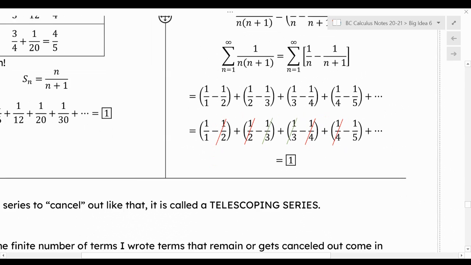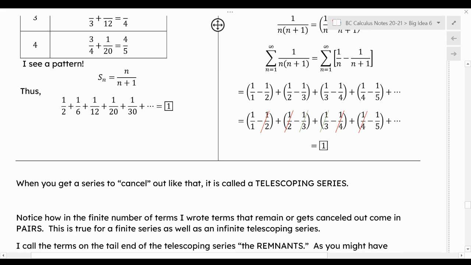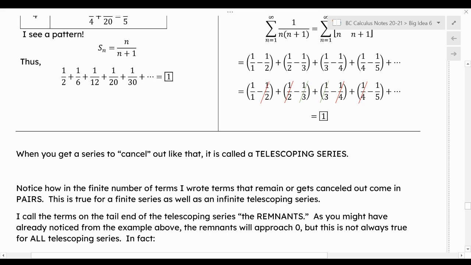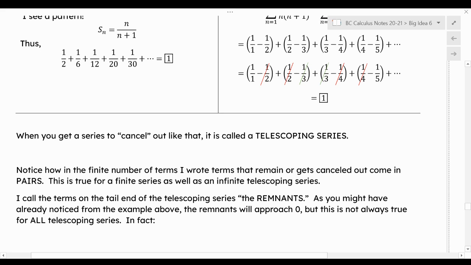So let's look at some things about a telescoping series. That happens when you get these terms that cancel out. So I talked about the pairs, right? And the remnants on the tail end of the telescoping series.